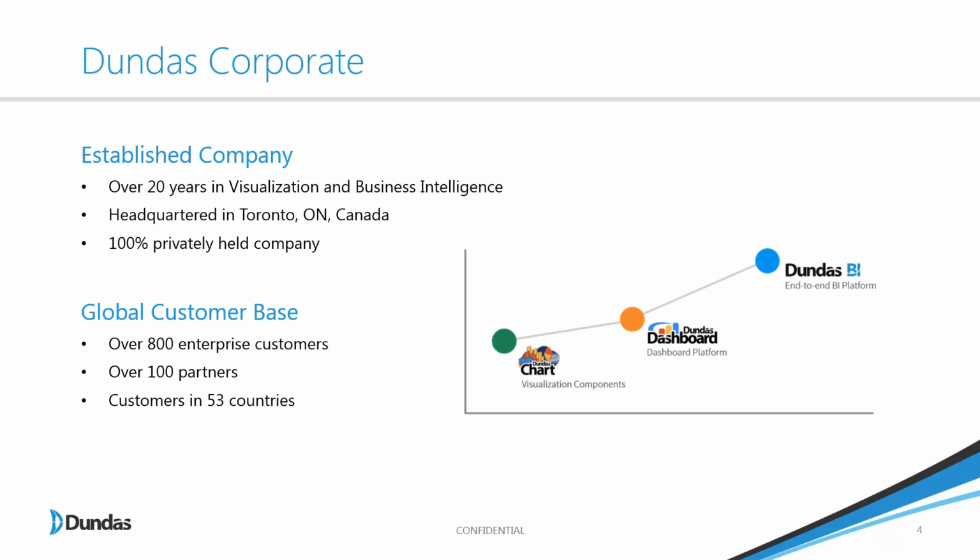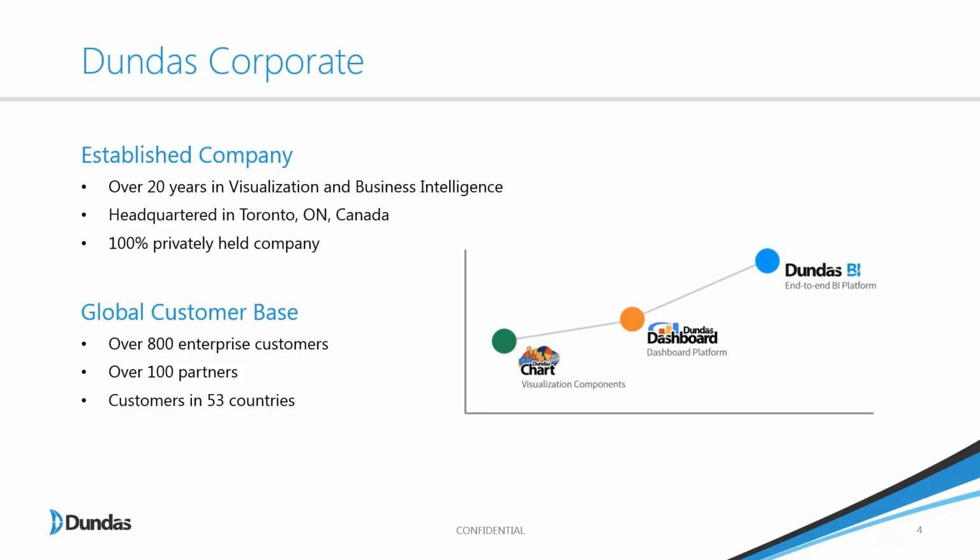To kick things off, let me start by sharing some information with you about Dundas. We've been in the data visualization and the business intelligence space for over 20 years. And in that time, we've built up a tremendous amount of expertise and helped thousands of users to better understand their data, adapt quickly to trends, and ultimately grow and succeed. We sold Dundas Chart to Microsoft back in 2007 and introduced a comprehensive dashboarding tool, Dundas Dashboard, a few years later.